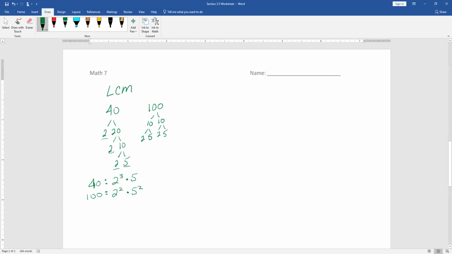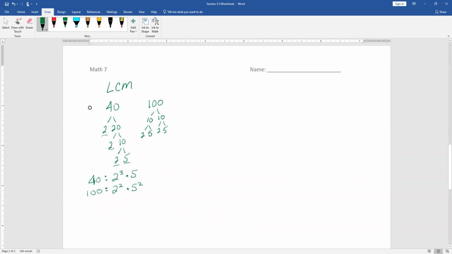All right, so let's look at our prime factorization here. We both have a 2, but 40 has a higher exponent. So the least common multiple has 2 cubed. And when you look at your 5, you see that the 100 has a 5 squared, which is the higher exponent for the base number 5.